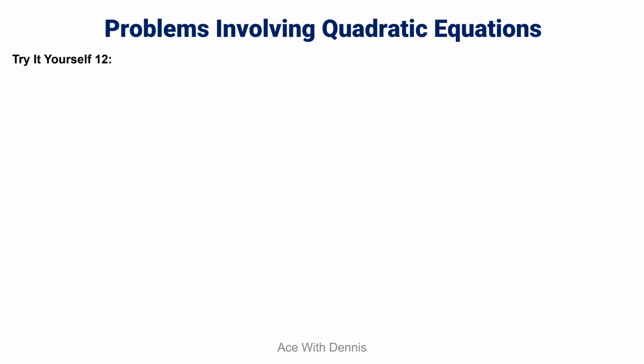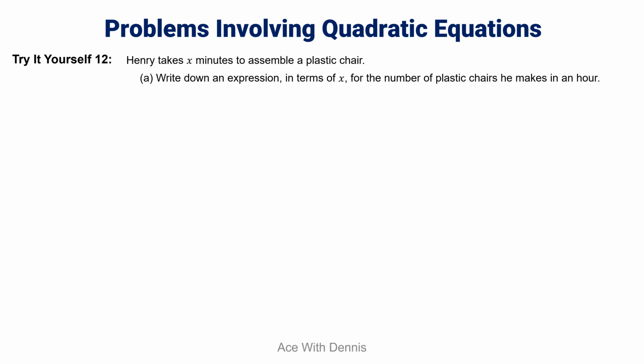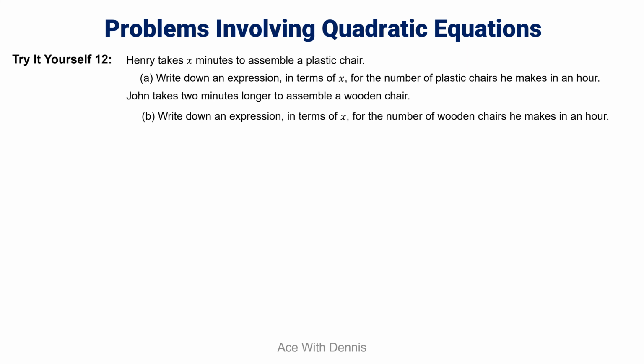Okay, now you can try this last example yourself. Henry takes x minutes to assemble a plastic chair. A. Write down an expression in terms of x for the number of plastic chairs he makes in an hour. John takes 2 minutes longer to assemble a wooden chair. B. Write down an expression in terms of x for the number of wooden chairs he makes in an hour.